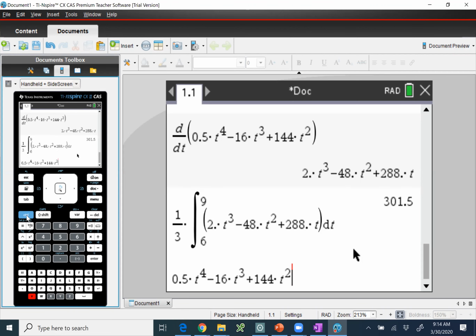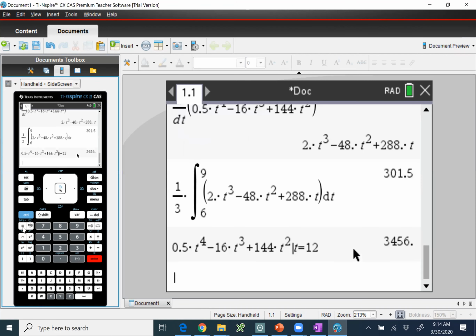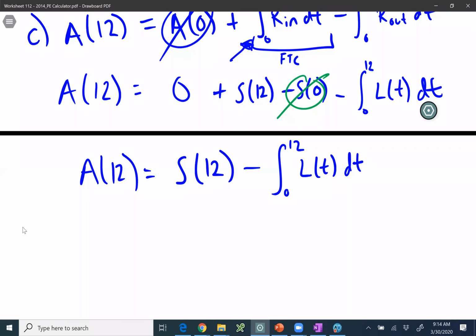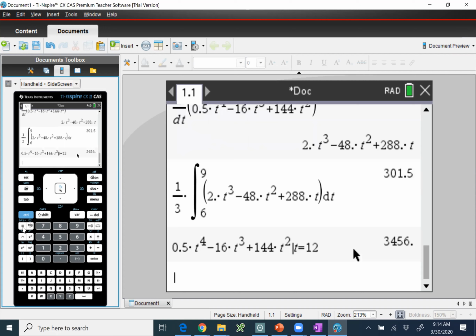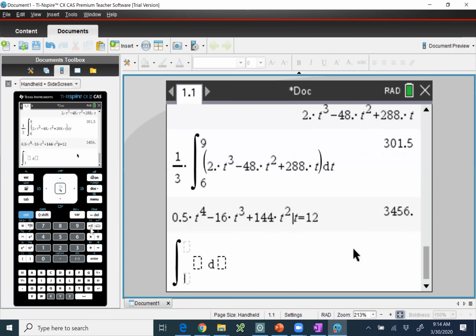There we go. At time 12, you get 3456. And minus the integral. And this is this new one.